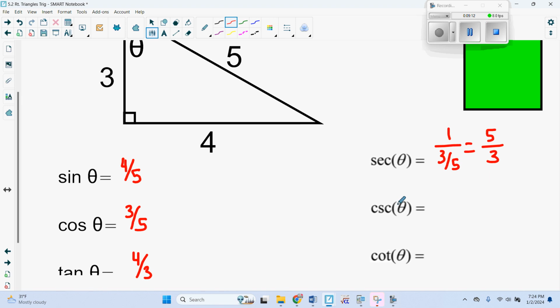So secant's just the reciprocal of cosine. Cosecant is the reciprocal of sine. Cotangent is the reciprocal of tangent. So these are our 6 trig functions. As you do some homework problems, it will say find all 6 trig functions, and this is what we mean by the 6 trig functions.